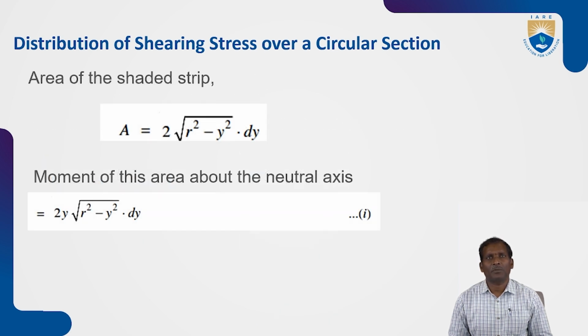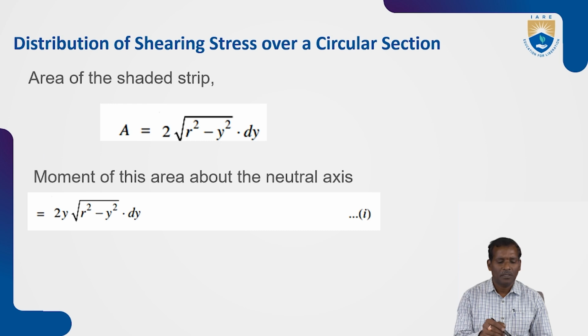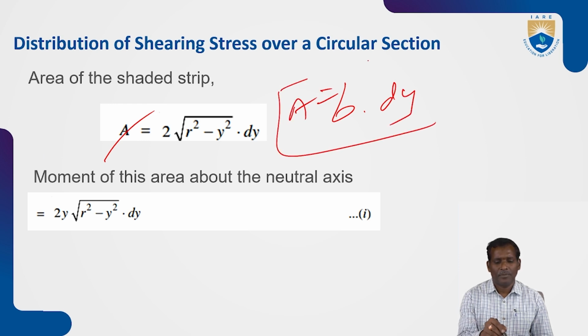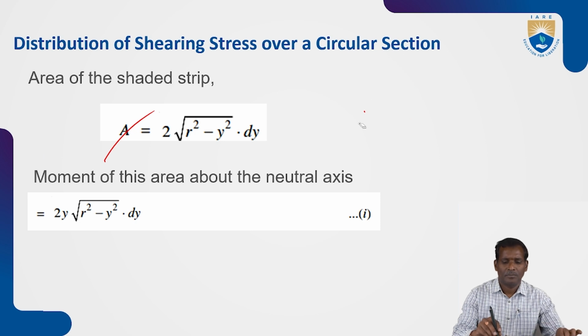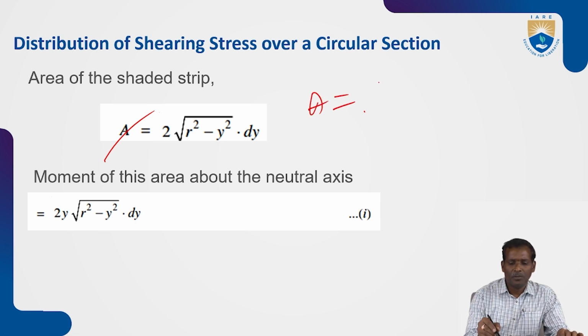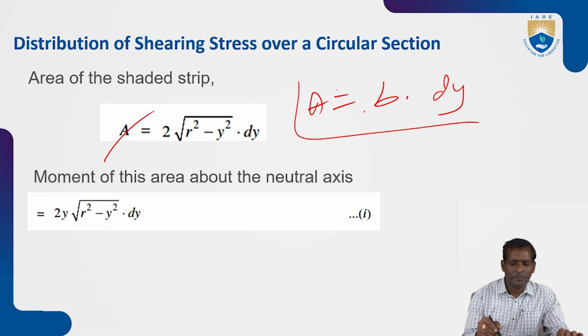So the area of the shaded strip is A is equal to b into dy.